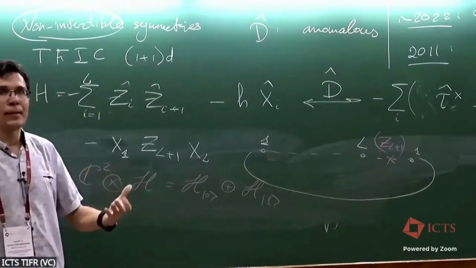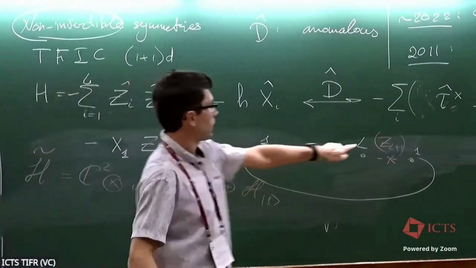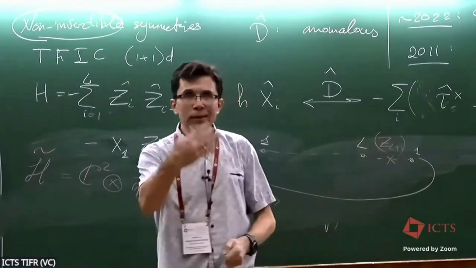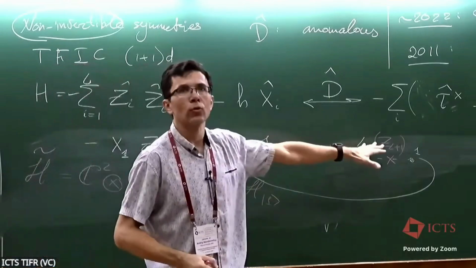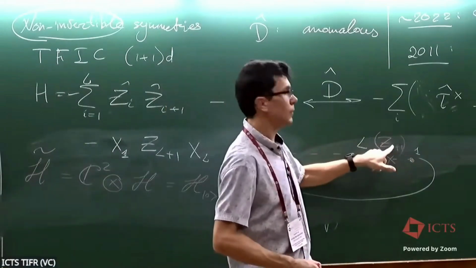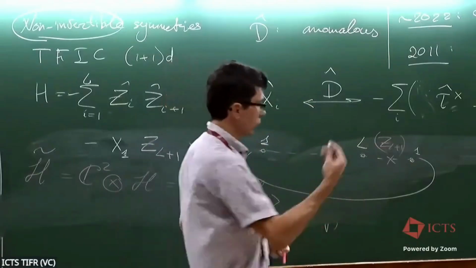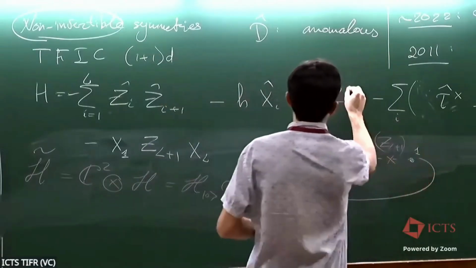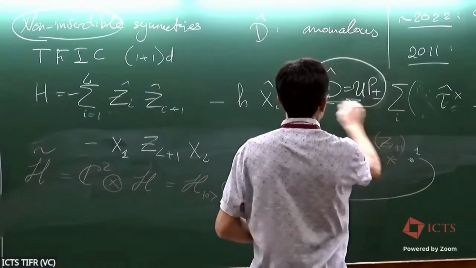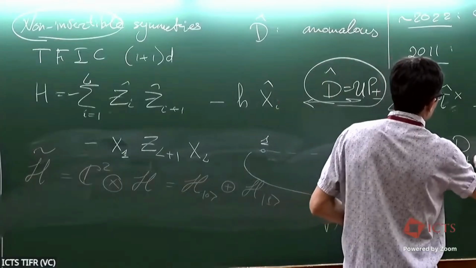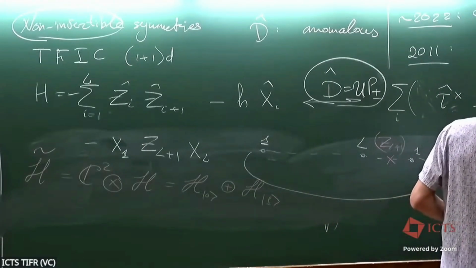I'm doubling the size of my Hilbert space in order to accommodate this ancilla. Now, in the spirit of measurement-based quantum computing, eventually I'm going to project out. I'm going to do a measurement on this ancilla. And that's exactly what the operator P plus does. So the requirement is that this D, which is U times P plus, but what the P plus operator is, I could write it succinctly like this.